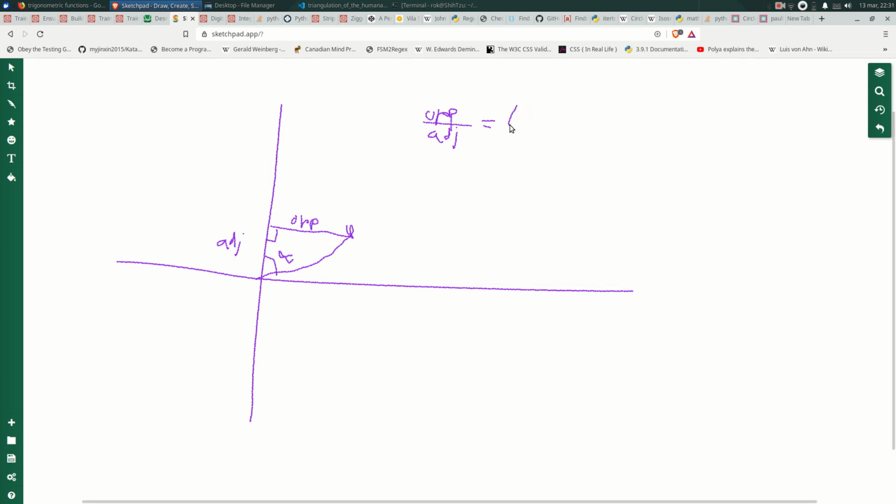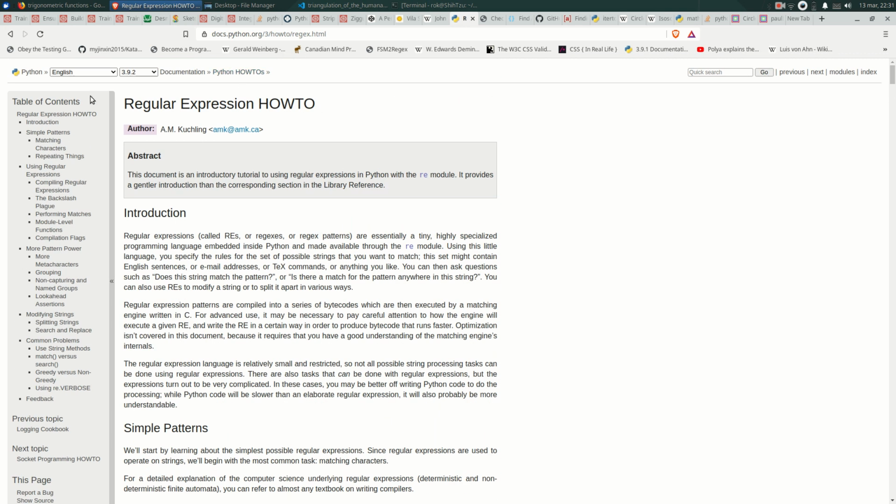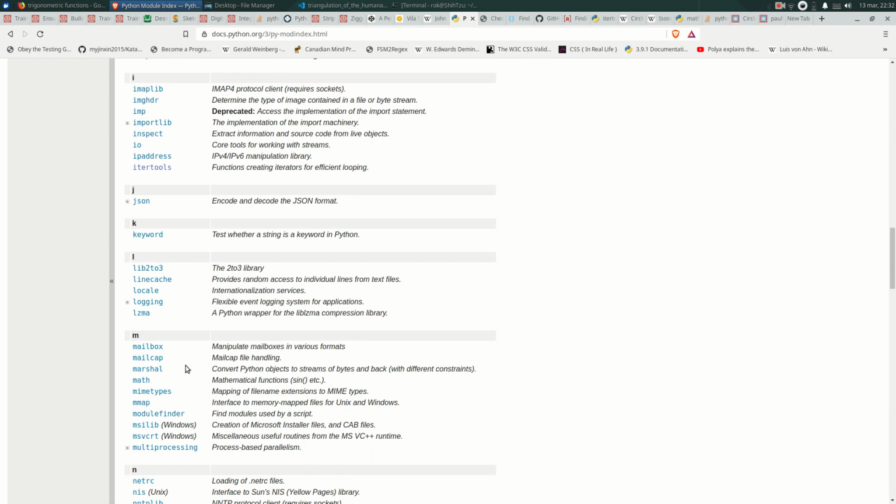We say tangent alpha. To get alpha from tangent alpha, I think we use the Python modules, global modules, or is it the math module?